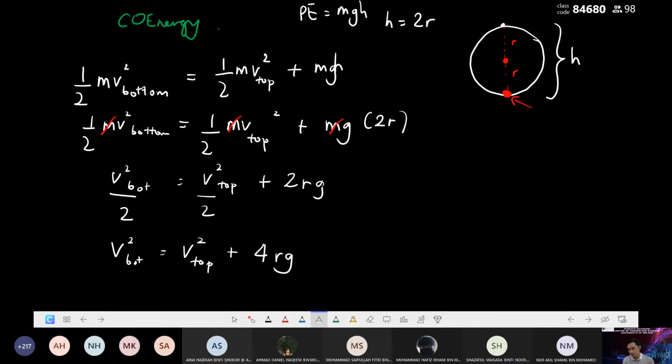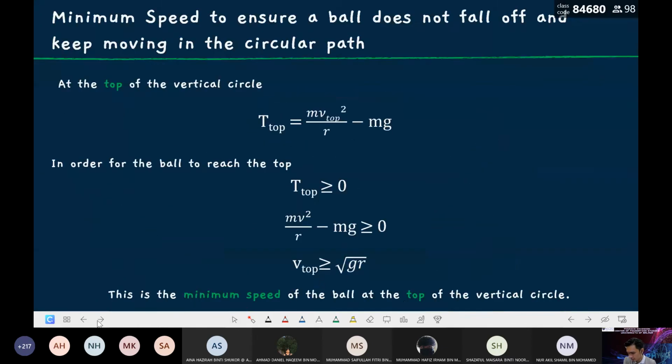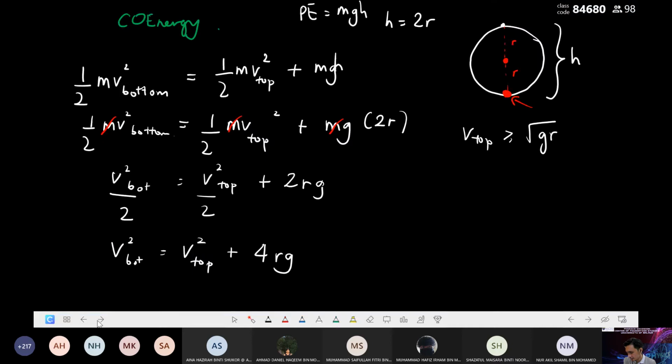Okay. And then we know that from the previous one, the v top that we already derived is larger than square root of gr. Okay, from the first equation earlier. Okay, this one, square root of gr. So we can substitute v bottom to the power of 2 is equal to square root of gr squared plus 4rg, and then the square root can cancel out.